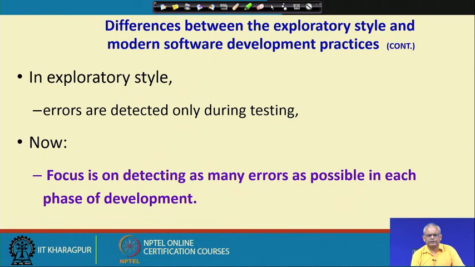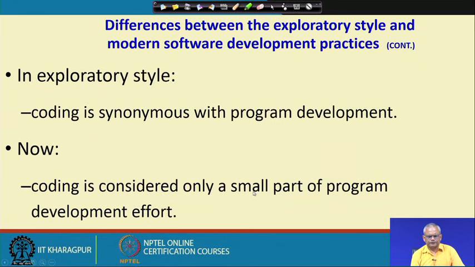The software is developed through a number of phases, and in each phase, wherever a programmer commits a mistake, it is detected and corrected in that same phase as far as possible. In the exploratory style, program development was basically coding.